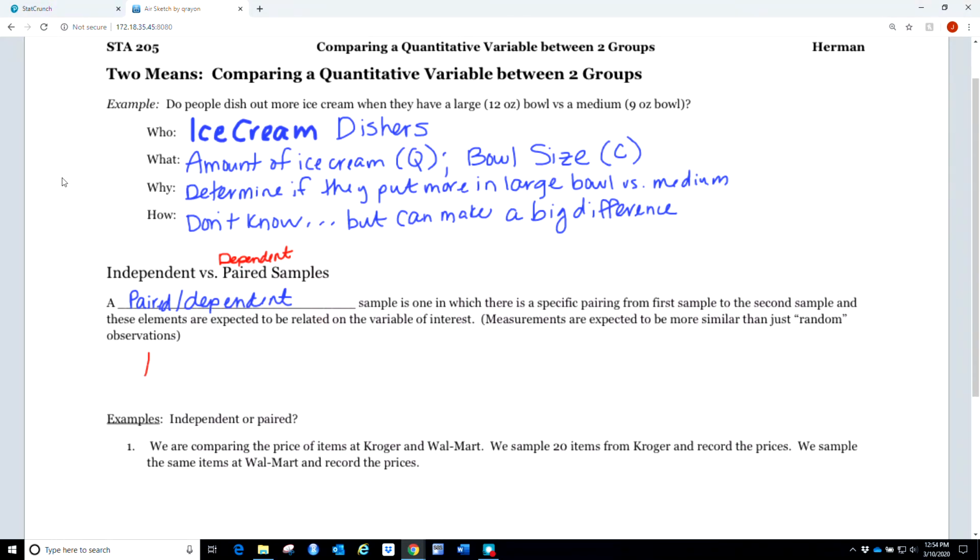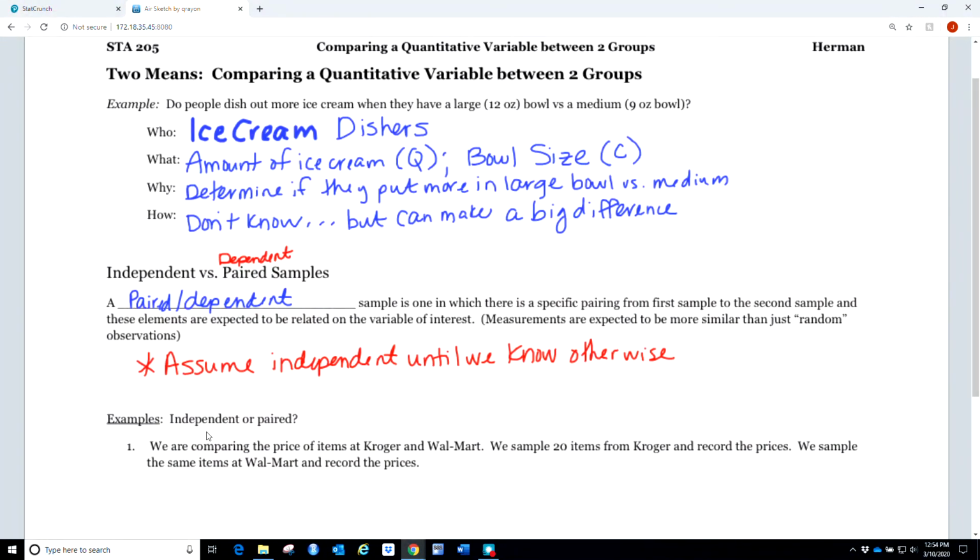First, one thing to keep in mind is that we will always assume that the groups are independent until we know otherwise. So we are going to assume that they are not related until we actually know that they are.